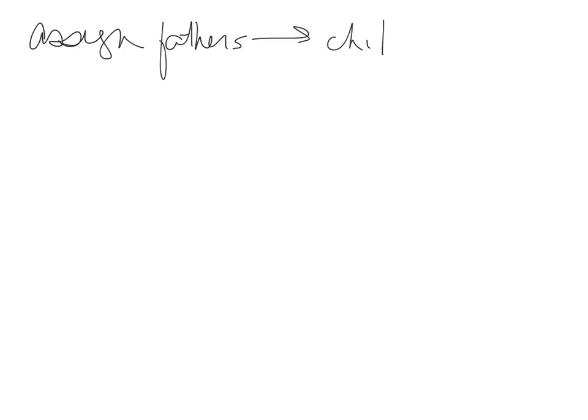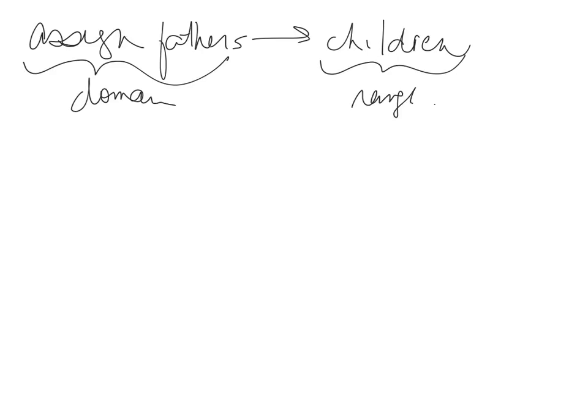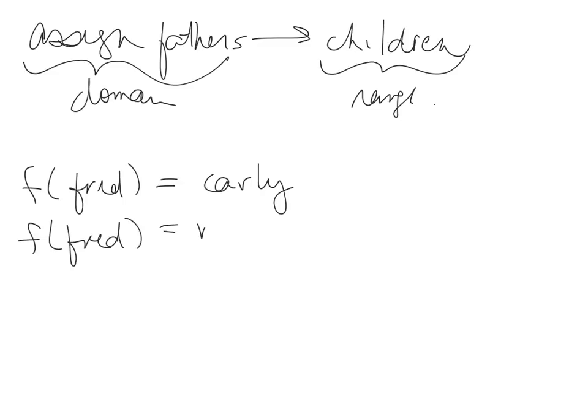What if we define a new function where we're going to assign fathers to their children? Okay, so my domain is the fathers, the range is the children. Would this be an example of a function? Well, no, because I can't say like the function of, I don't know, my dad's name is Fred equals Carly, because the function Fred also equals Mike, Carly's brother.